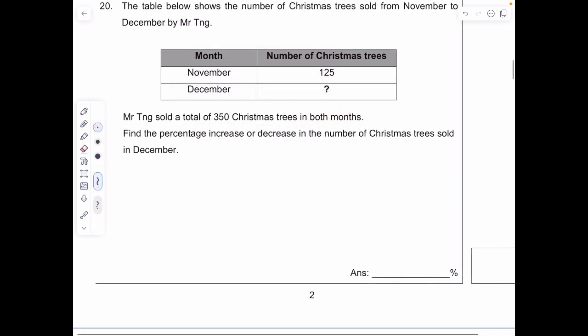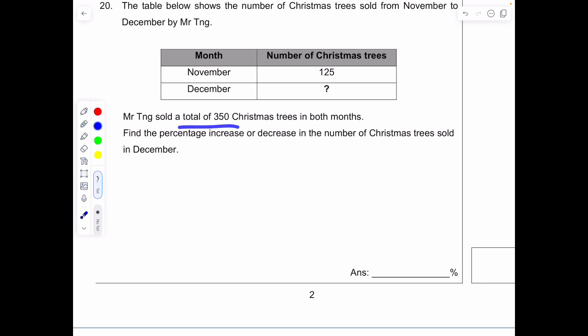Okay. Next question. It states here that Mr. Ting sold a total of 350 trees in both months. So find the percentage increase or decrease in the number of Christmas trees sold in December. So the first thing is we want to find out what amount he sold in December. We will take 350 minus away 125. So 350 minus away 125 is actually 225.